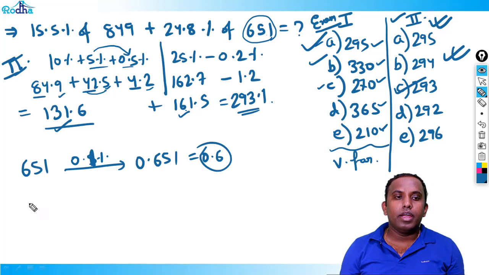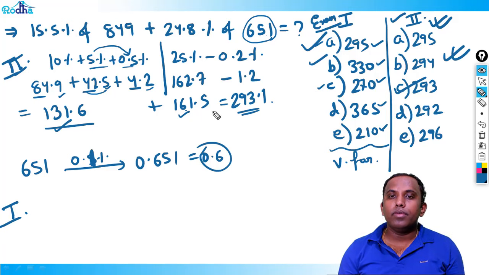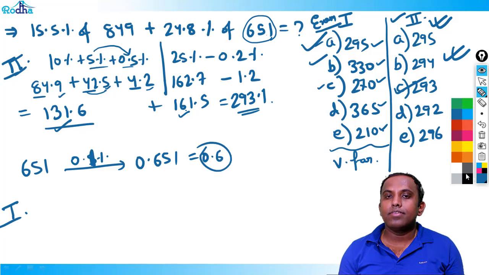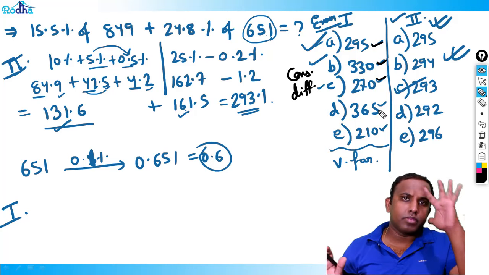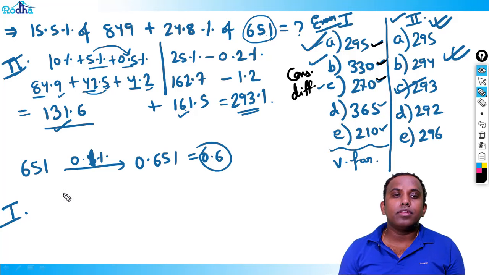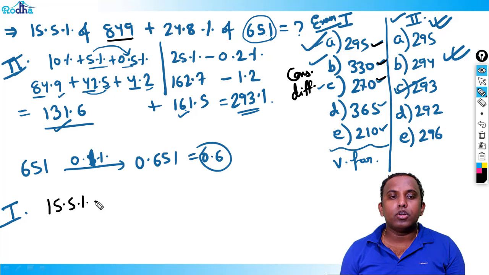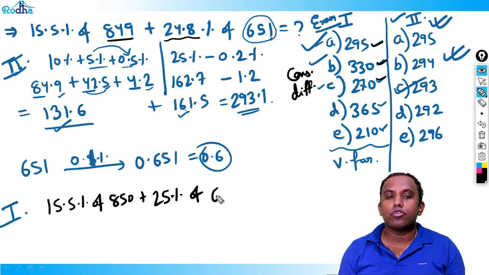Now see, in exam, how to attempt it? When we see a considerable difference in the options, 295, 330, 270, they're far apart, right? So what to do in this case? Simply assume 849 as 850, 15.5% of 850, plus 24.8 you can assume as 25%, and 651 you can assume as 650.